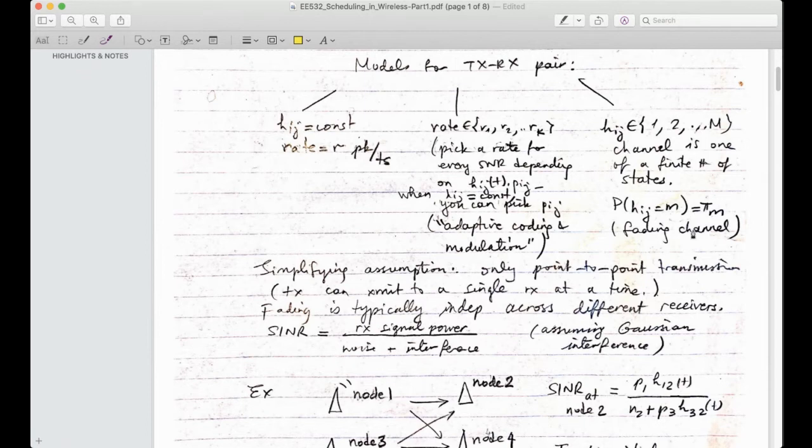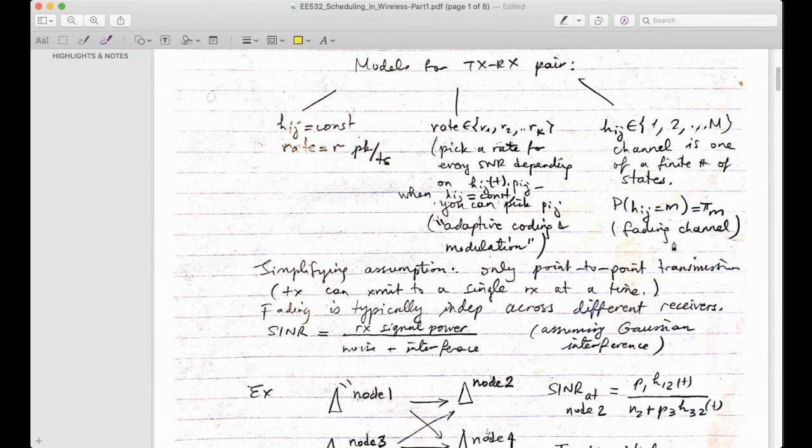This is actually quite similar to the previous model, except in this one on the left, we are using the power to control our rate. In the one on the right, the channel state will be beyond our control, and we're given a channel state, and essentially we have to adapt by designing our scheduling policy.